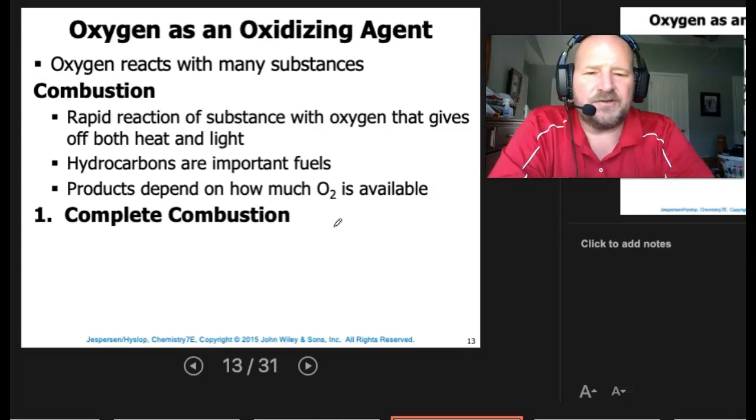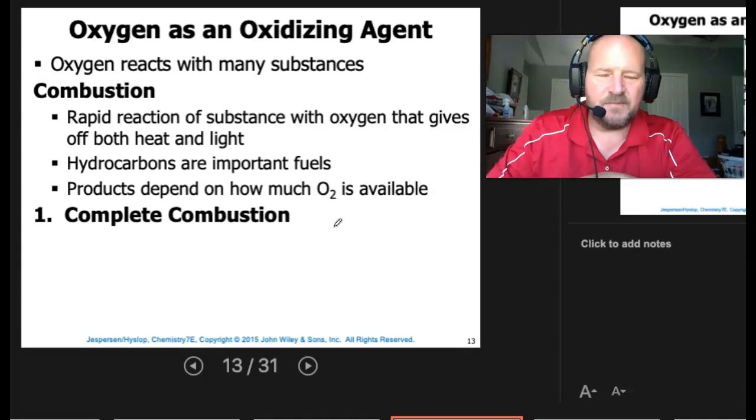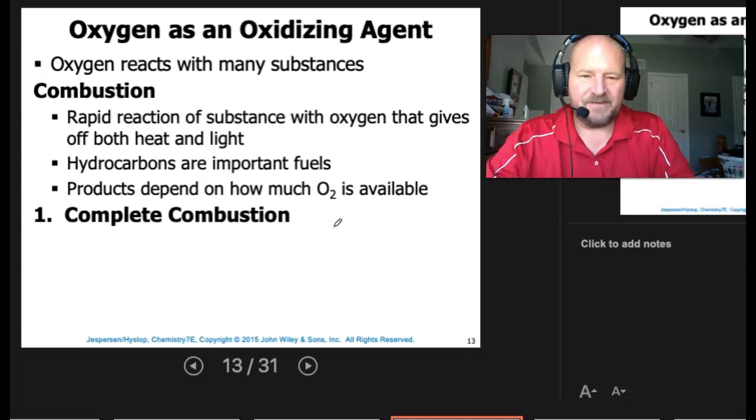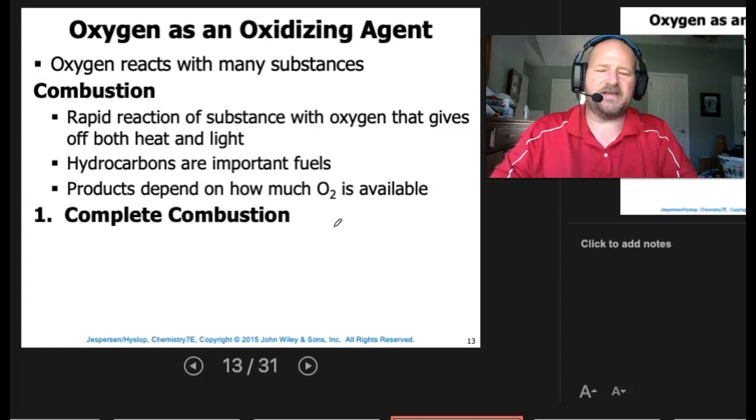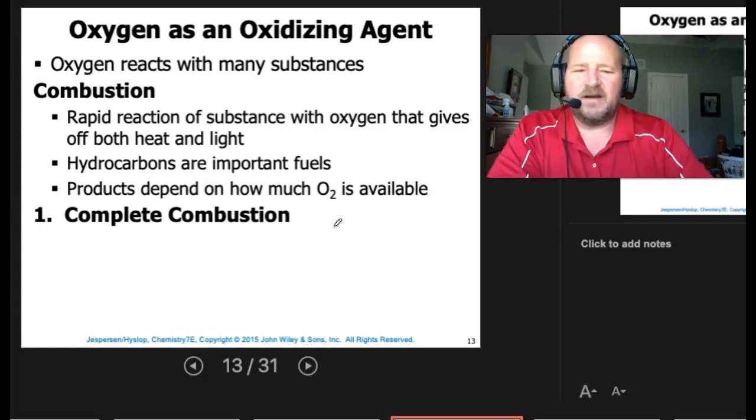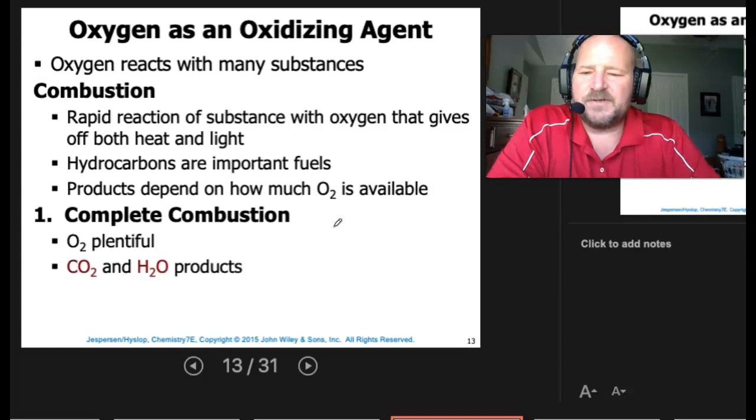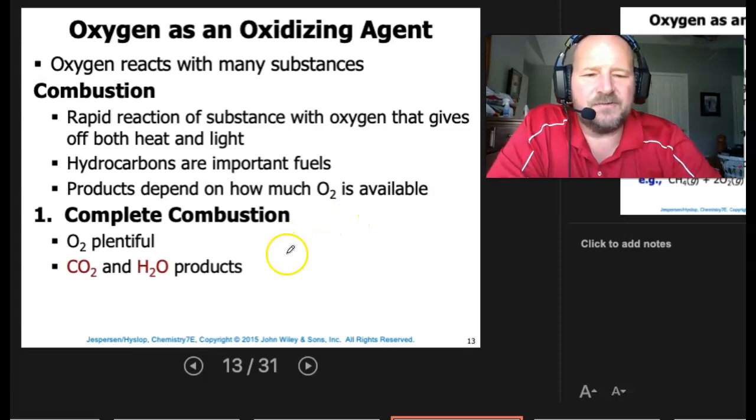First one we'll look at is called complete combustion. This is like our car engine. You have plenty of oxygen out in the atmosphere to react with the gasoline, the hydrocarbon, to give us CO2 and water as our products. Okay, so CO2 and water.